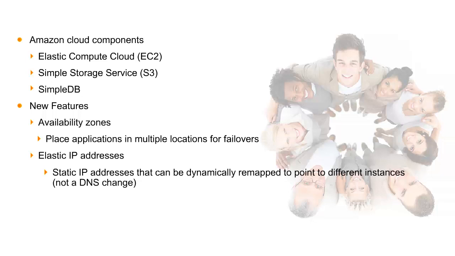Auto-scaling. Auto-scaling allows you to automatically scale your Amazon EC2 capacity up or down according to conditions you define. With auto-scaling, you can ensure that the number of Amazon EC2 instances you're using scales up seamlessly during demand spikes to maintain performance, and scales down automatically during demand lulls to minimize costs.